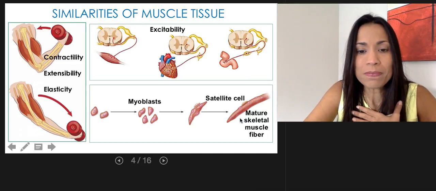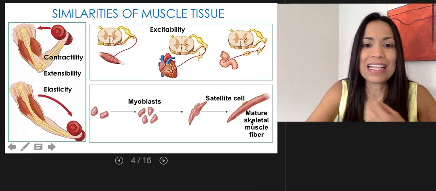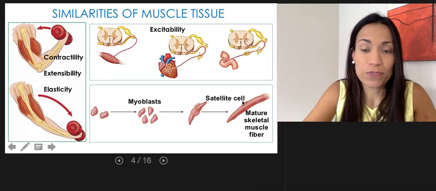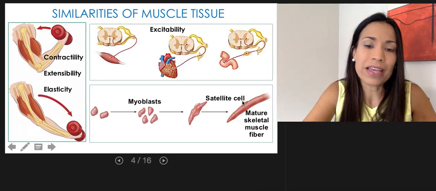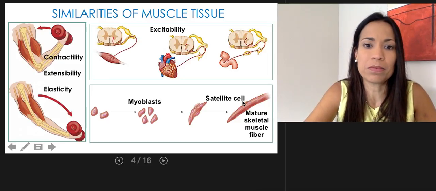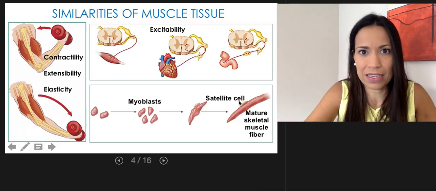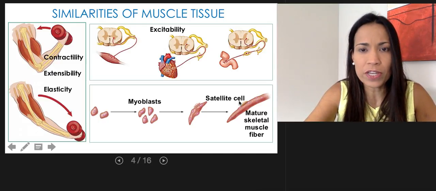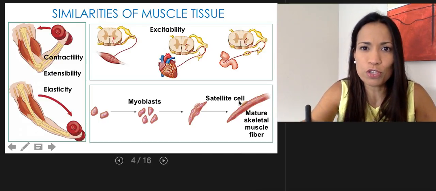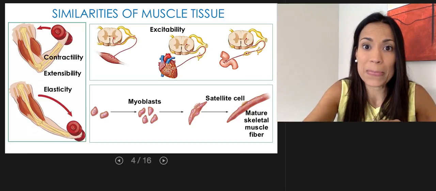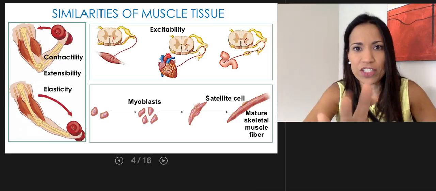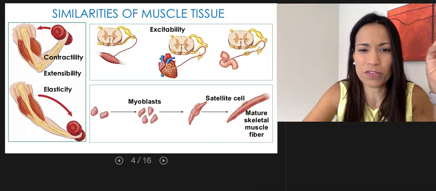The only guide that we can rely on to repair a minor injury on the skeletal muscle are the satellite cells. Satellite cells can, after minor injuries, I repeat, can produce new contractile proteins and put some patches on the place of the injury.